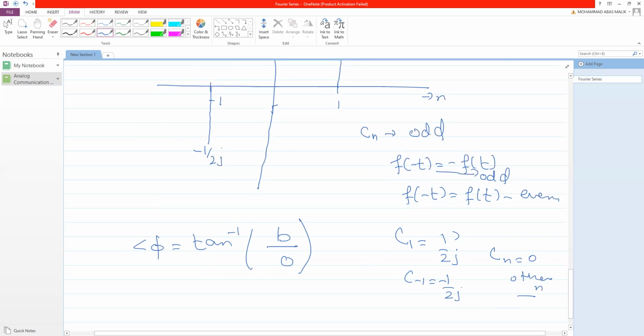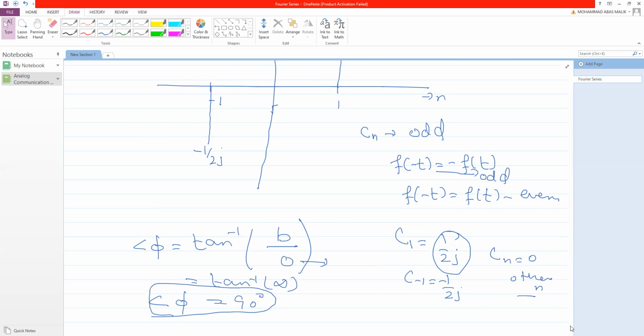If you take j to the numerator, you get minus j by 2, and similarly plus j by 2. So the real part here is 0. You will get tan inverse of infinity, which is 90 degrees. So its phase will be constant at an angle of 90 degrees. Anybody having any question or confusion till now?